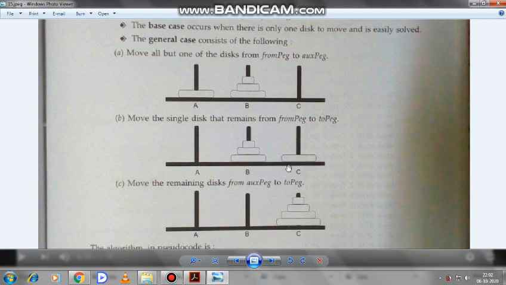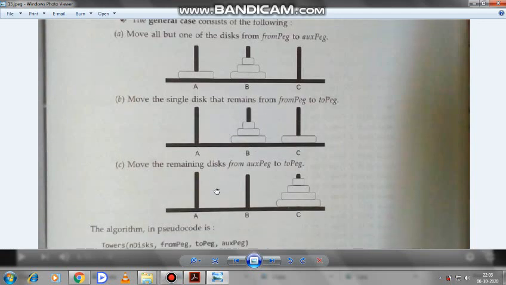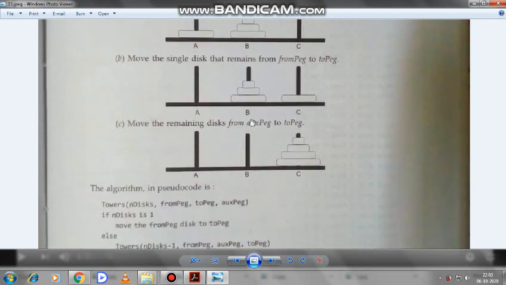Then I am moving from B to C. That is, first of all I am moving from the from peg to the aux peg. Next I am moving a single disk from the from peg to the to peg. Then moving all the disks from the aux peg to the to peg.